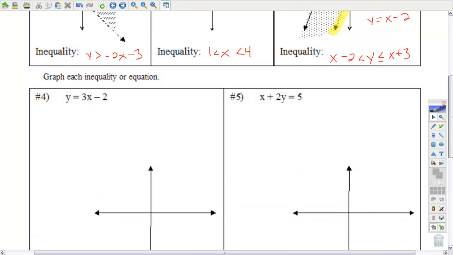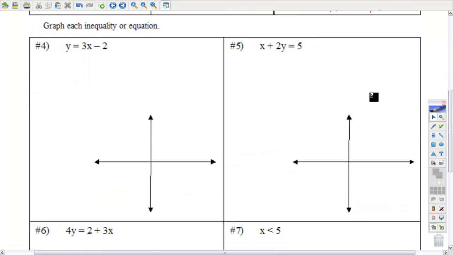Number 4, graph each inequality or equation. This is in slope-intercept form. The y-intercept is negative 2. Slope is 3. So from that we go up 3 and to the right 1. Connect those points with a line.